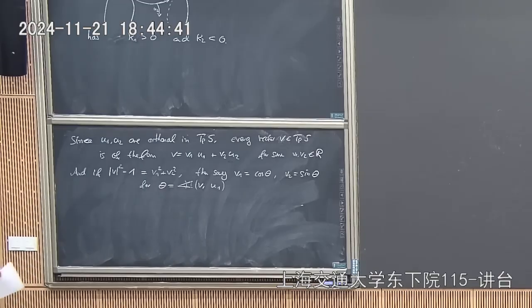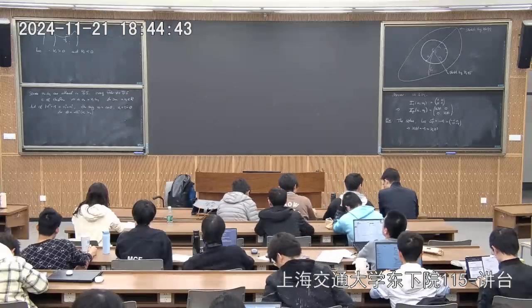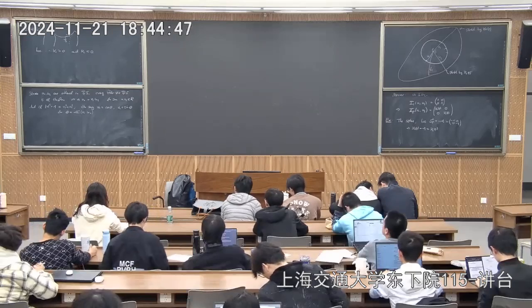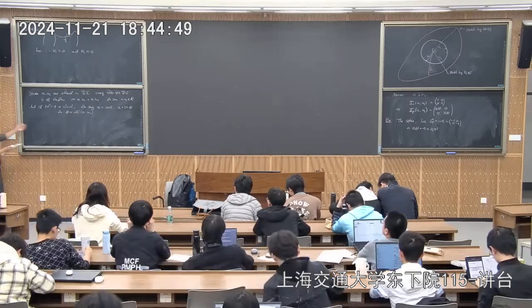So a unit vector is just a rotation by some angle of the vector, say, U1, U2.